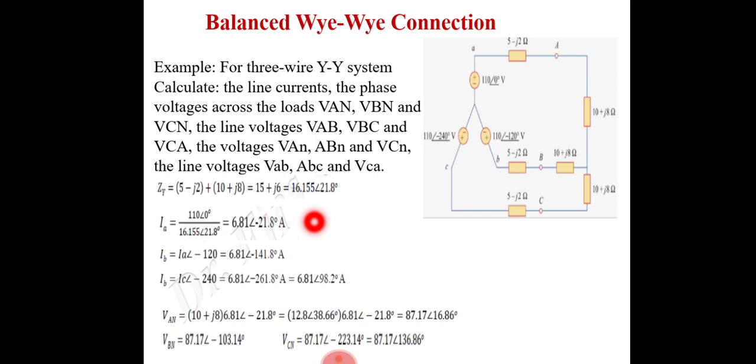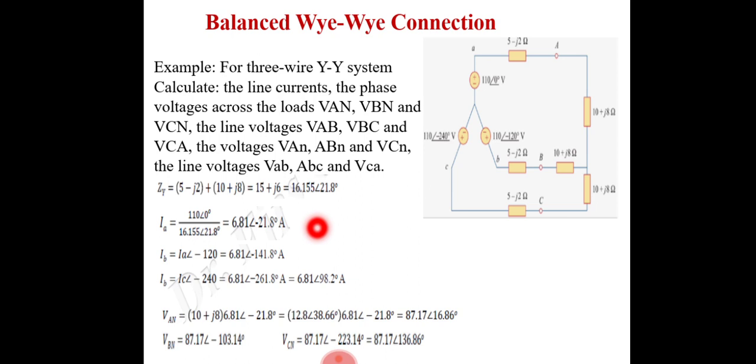Okay. Now IB is equal to IA with angle minus 120 degrees. So IB becomes 6.81 with angle minus 141.8.